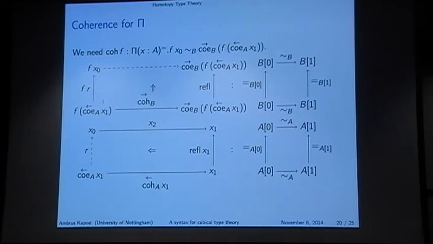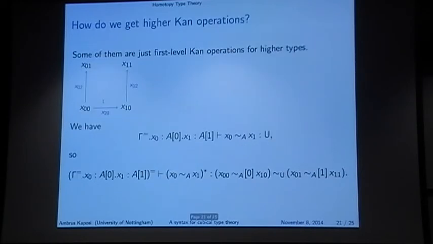It's like a filler for this horn, but it goes in the other direction. So it turns out that without adding any higher Kan fillers, we get all we need for pi types.